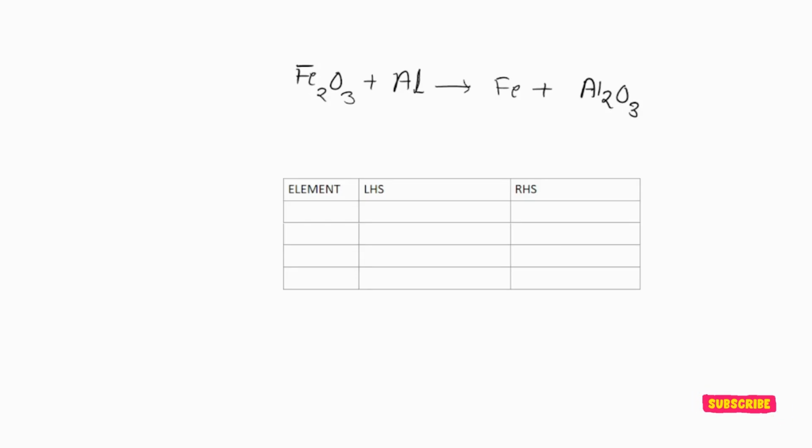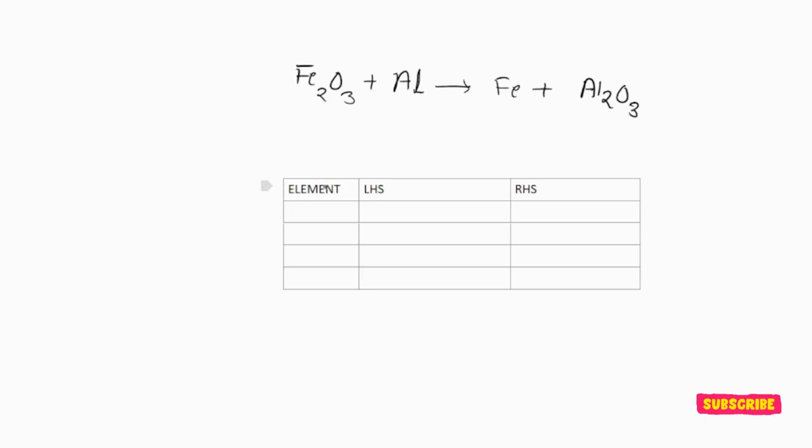Let us take another example of a reaction between iron oxide, that is my Fe2O3, plus aluminium gives me iron plus aluminium oxide.